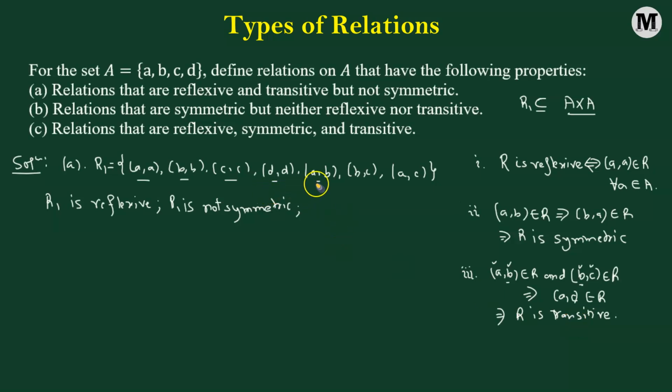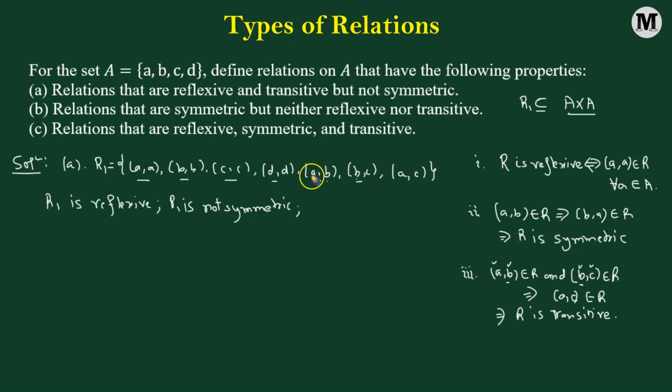So here we can see that the first four are fine. We don't have to worry about the first four ordered pairs. They are going to be transitive anyhow. You can verify that. If we take A comma A, and then again A comma A, then A comma A is always going to belong to R1. Now coming to the ordered pairs A comma B and B comma C. We can pick these two ordered pairs because these two elements are matching.